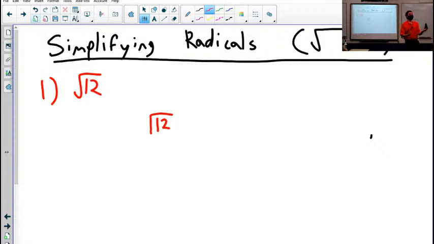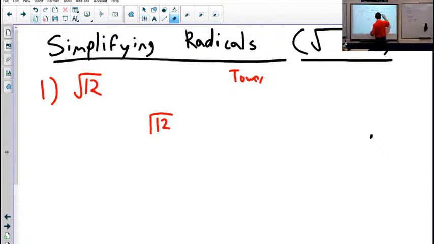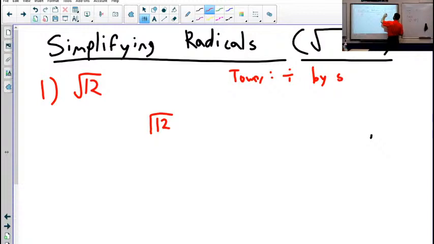In terms of our tower, we're going to make our tower as tall as possible, which means that in our tower, we're going to divide by the smallest numbers that we can.